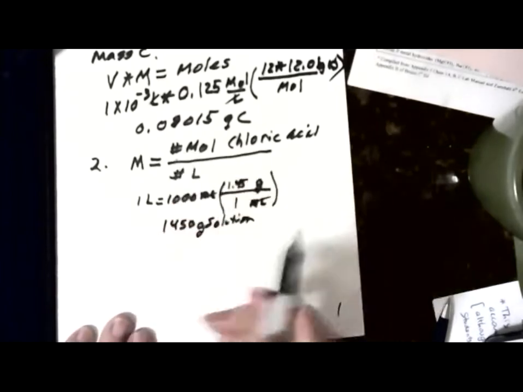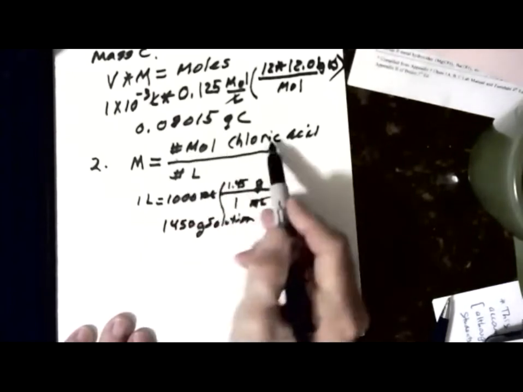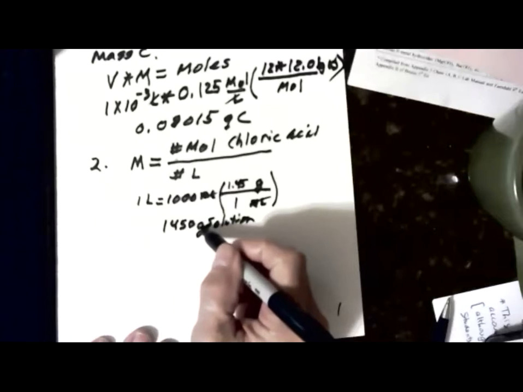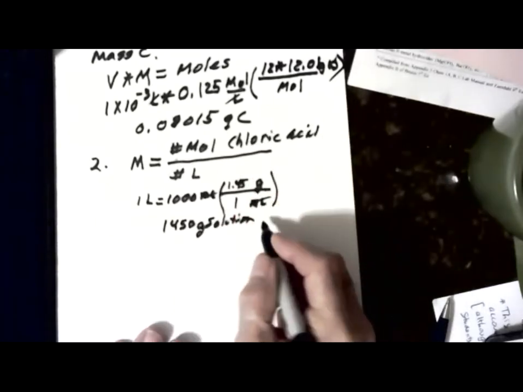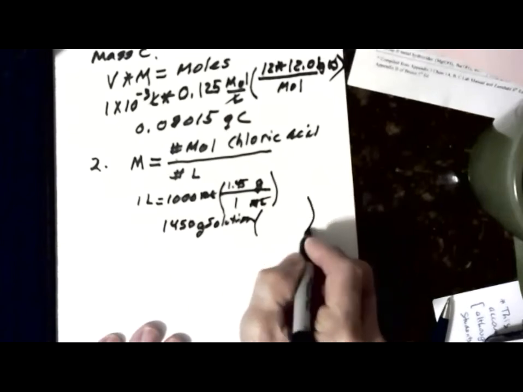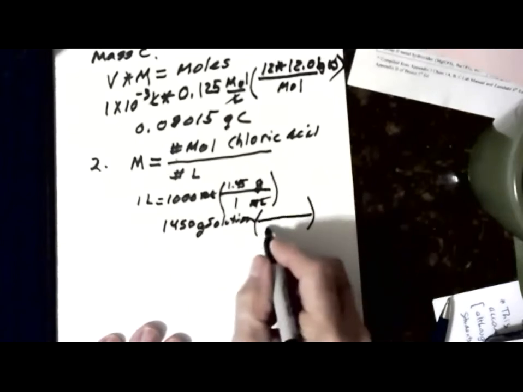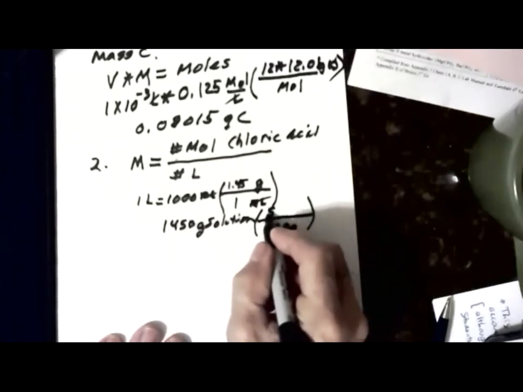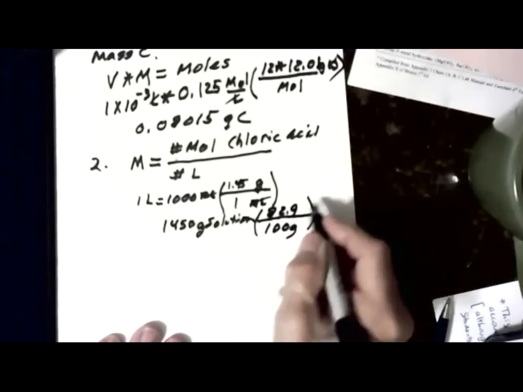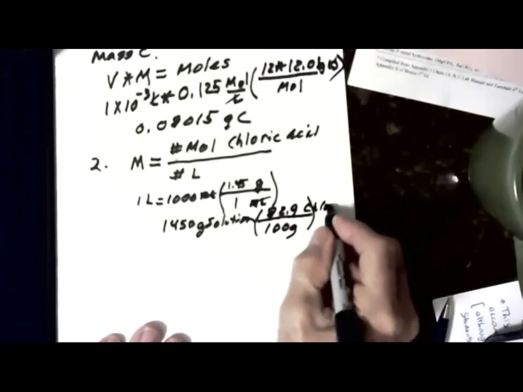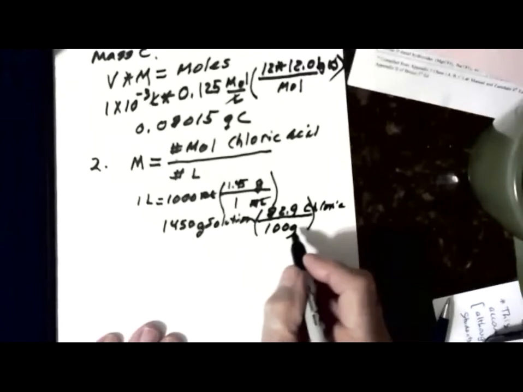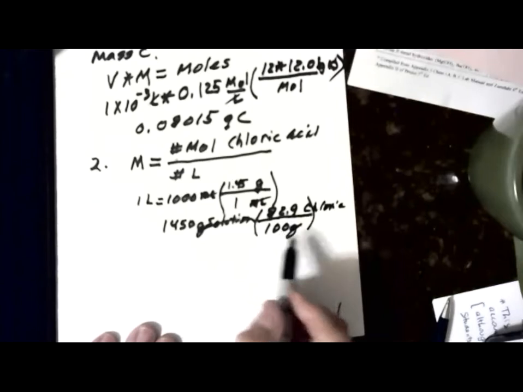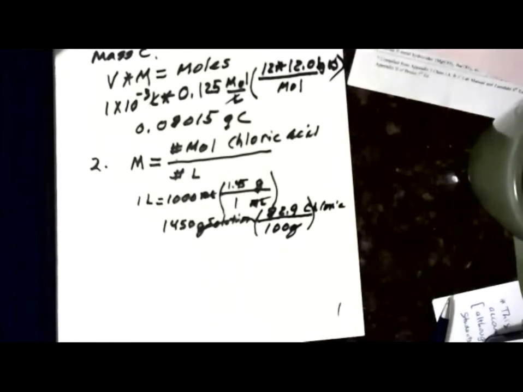Now that's not the number that goes in my numerator. I want moles of chloric acid. So I've got to go from grams of solution to grams of the chloric acid. I can do that using the percentage because I know 100 grams of the solution would have 82.9 grams of the chloric acid. All right, so I want to multiply by 82.9 and divide by 100.